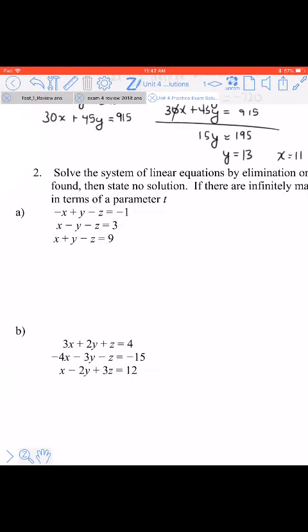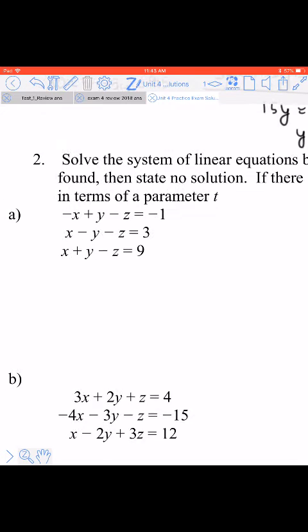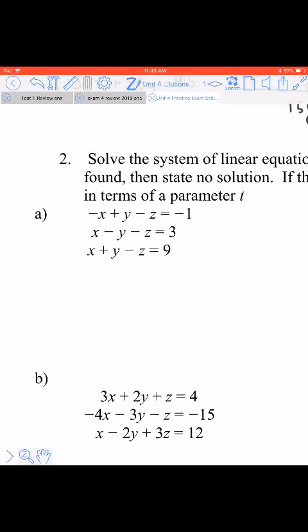Okay, question 2 is from section 5.2, solving systems of equations with 3 variables. So what you need to do is pick 2 of the equations and add those together to eliminate one of the variables. Now I don't have a lot of space here, so what I'm going to do is number these equations.